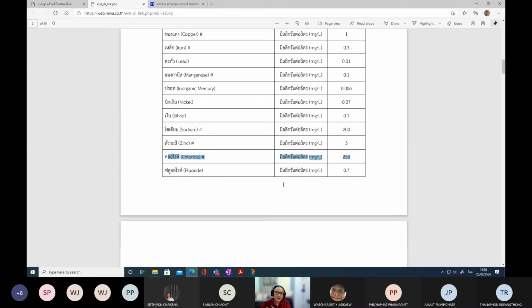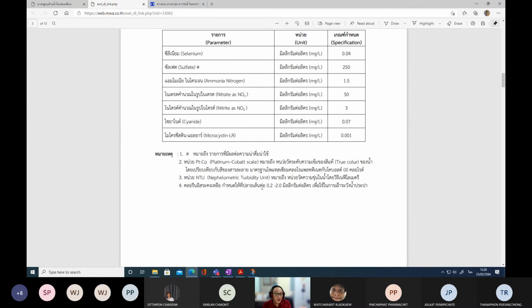But anyway, at the end of this table, there's a remark here, number 4. They said for the free chlorine residue at the point of use, it should be in the range of 0.2 to 2 milligrams per liter. They don't want free chlorine residue to get less than 0.2.